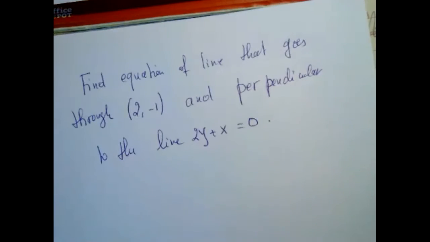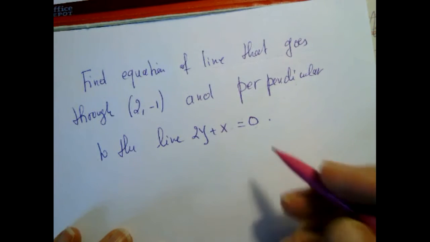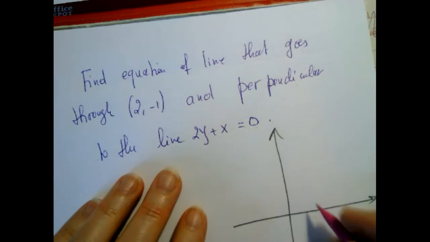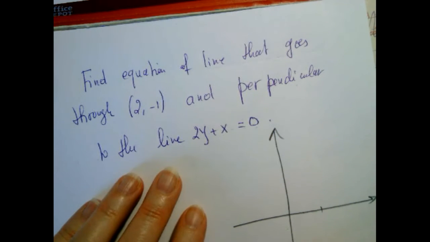So I need to find the equation of a line. I gave you a point, (2, -1), the point on the line.